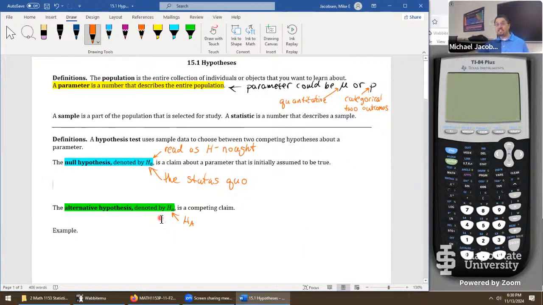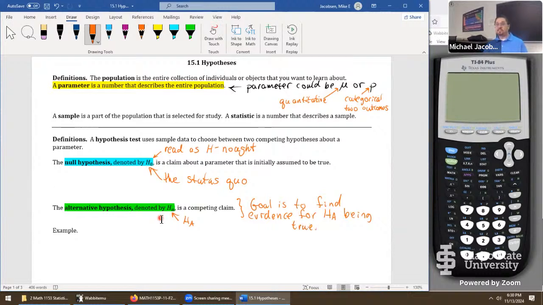The alternative hypothesis is not the status quo, it's a big statement. Something has changed about the parameter, and our goal is to find evidence for HA being true.